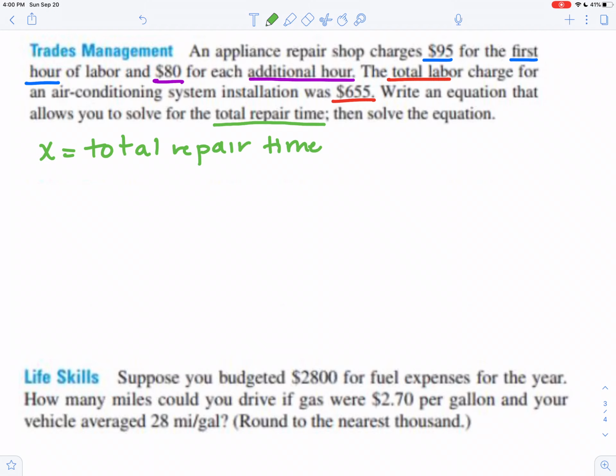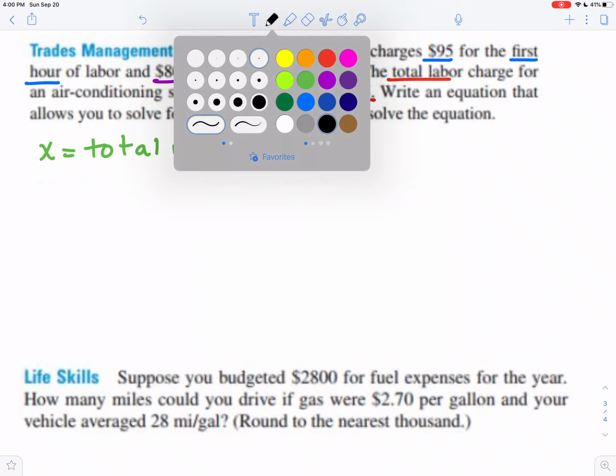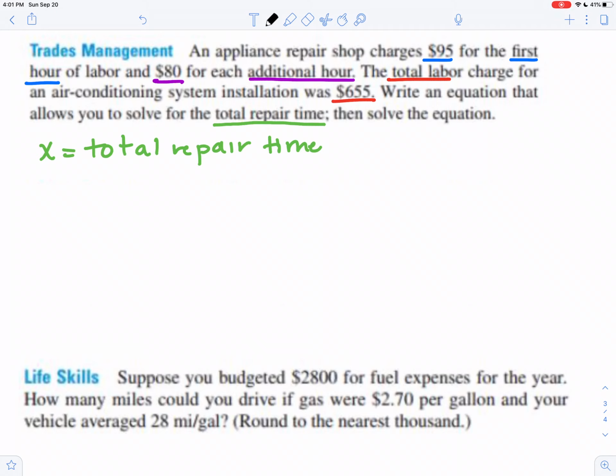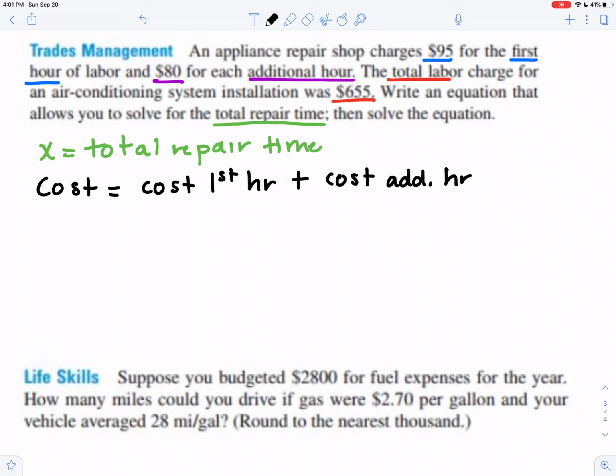And then again, I'm going to take the information that I'm given and write an equation. Like I said, if it helps you, write it out in words first. The total cost is going to be equal to the cost for the first hour plus the cost for each additional hour.